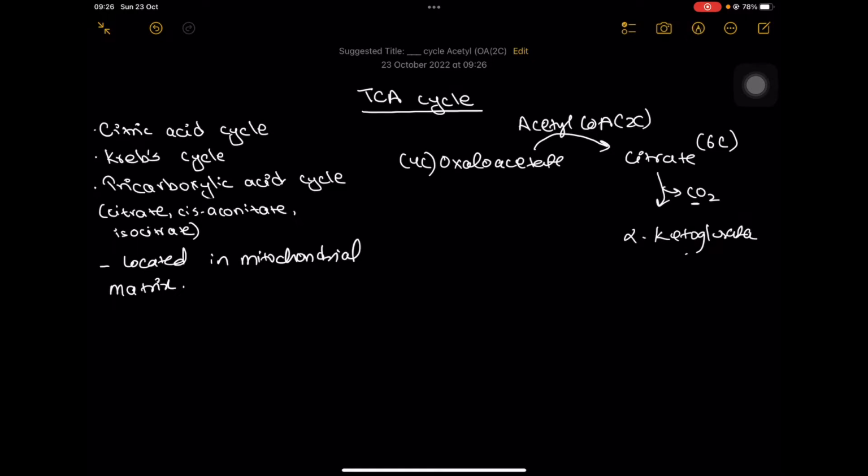So this alpha-ketoglutarate is a 5-carbon structure. Now this alpha-ketoglutarate will be converted into succinyl-CoA, and in this process again a molecule of carbon dioxide is released. This succinyl-CoA is a 4-carbon structure, and it will go and form the oxaloacetate. So this is the basic overview of the TCA cycle.